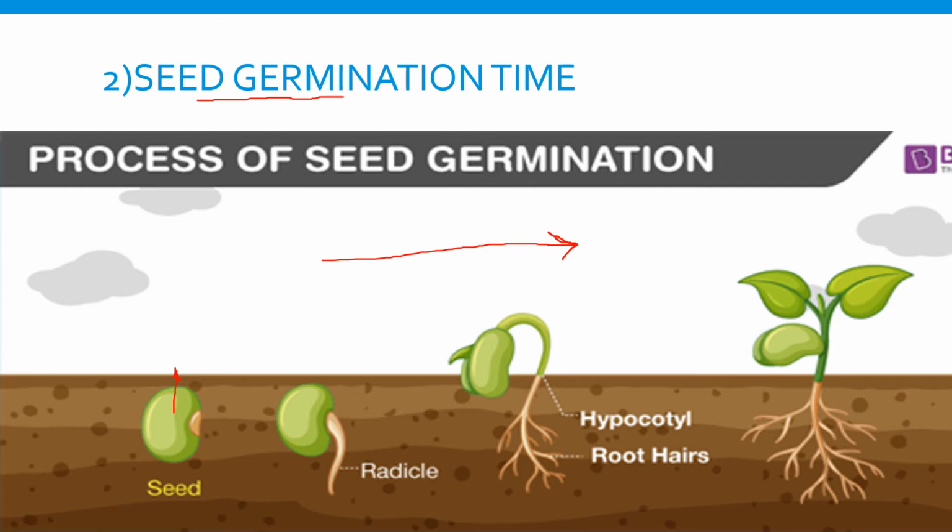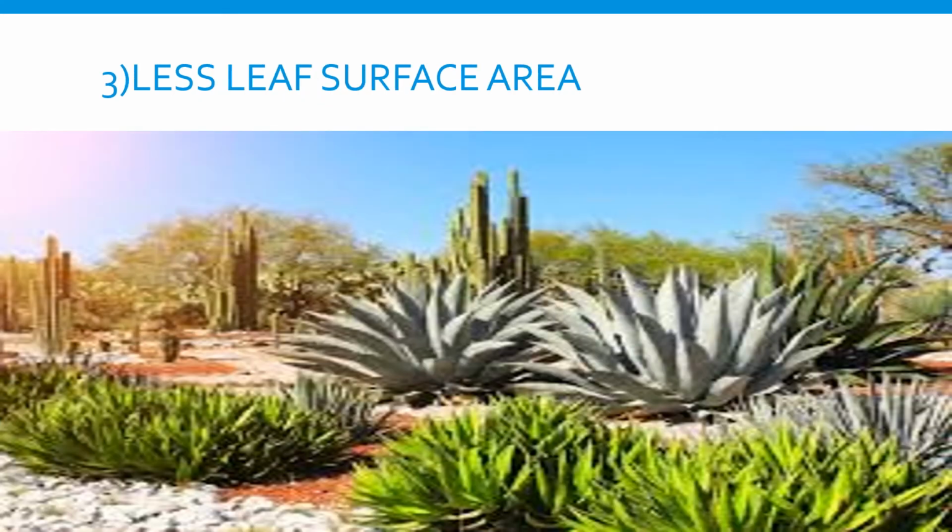If the water is available, then the seed will germinate into a new plant. But when there is scarcity of water, the seed will wait for germination, and when the environment becomes favorable, then the seed will germinate into a new plant.